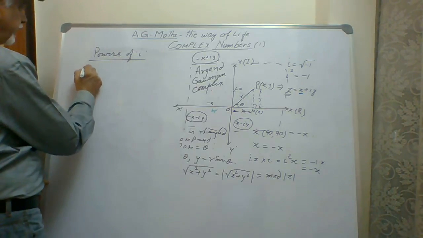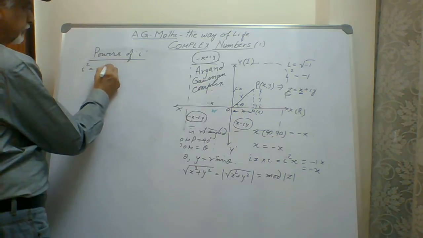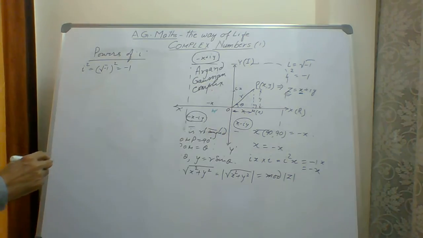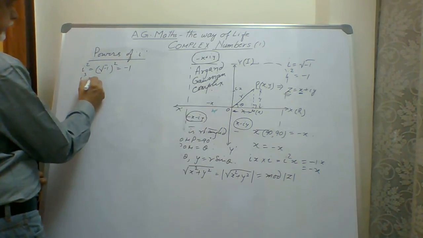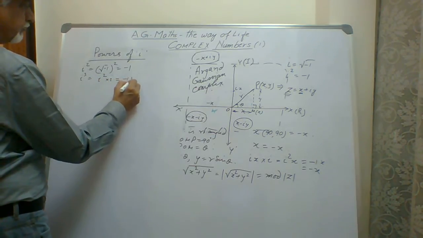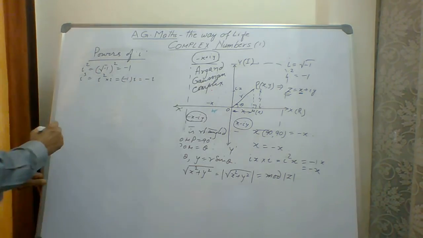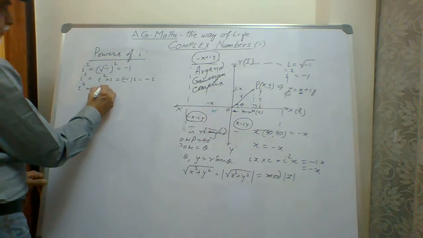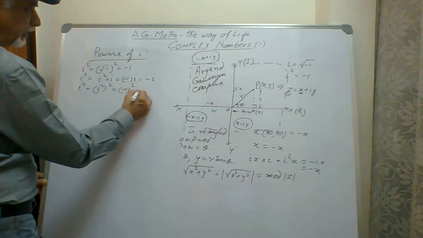If I write i square, it means root over minus 1 square, value is minus 1. If I write i cube, it means i square into i, which is minus 1 into i, and the value is minus i. i to the power 4 is nothing but i square whole square, which is minus 1 whole square, which is plus 1.